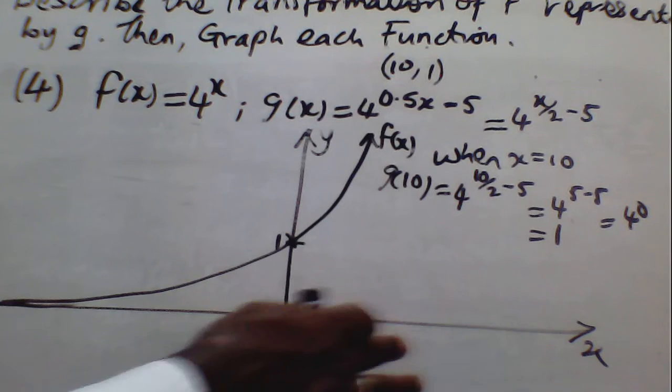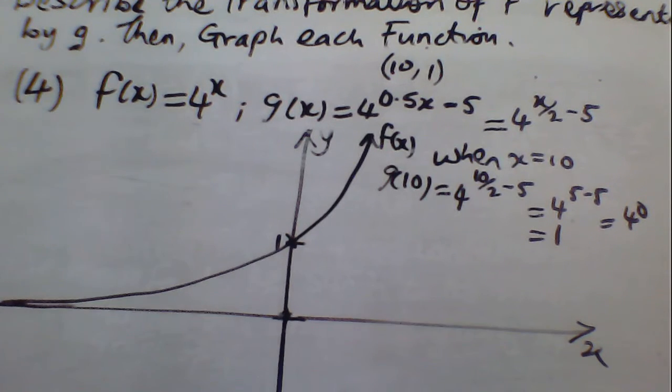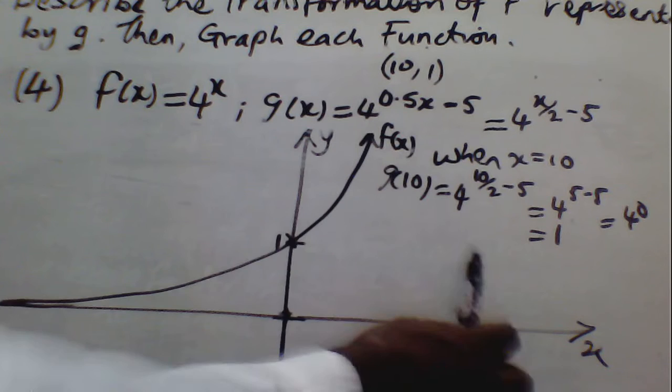You see that either it moves a bit beyond 5 or it goes down before 5.